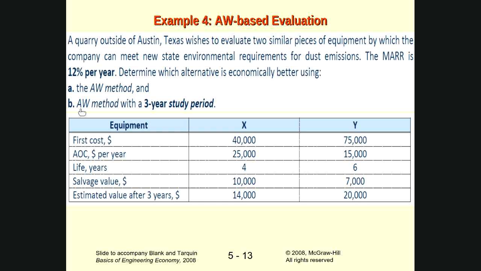Okay, so this is the first time you see the study period in chapter 6. We used to see it in chapter 5. So here it is in chapter 6. Part A is the same as what we have covered in the previous example.